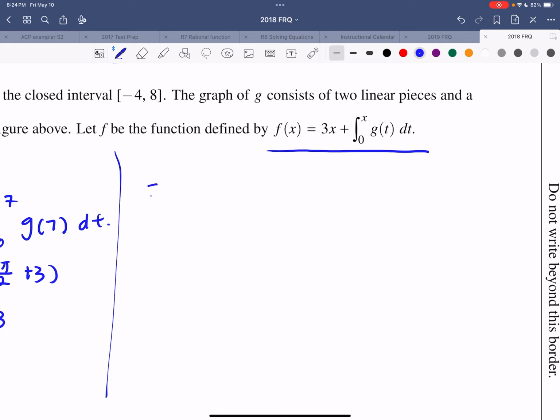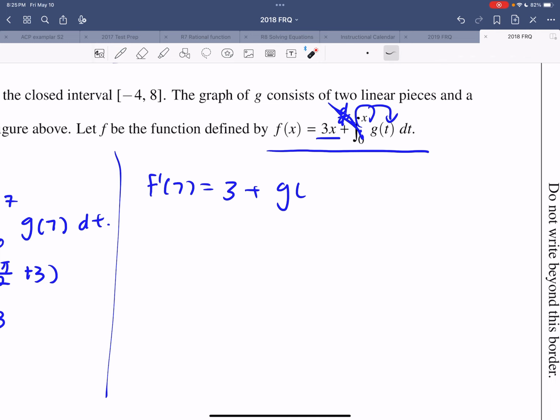Now let's try f prime of 7. The derivative of 3x is 3, plus the derivative of the integral. Now watch this one. The derivative and the antiderivative undo each other, so these two disappear. The only thing that matters is that the x goes into g of x.